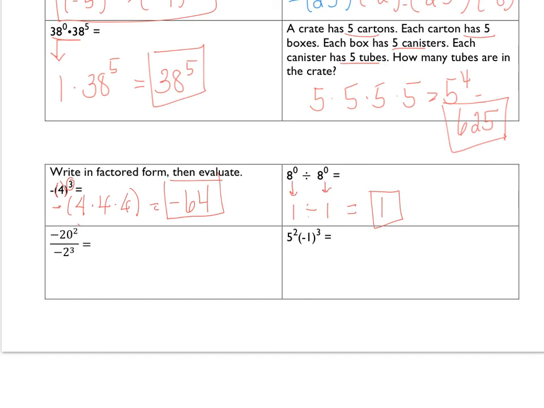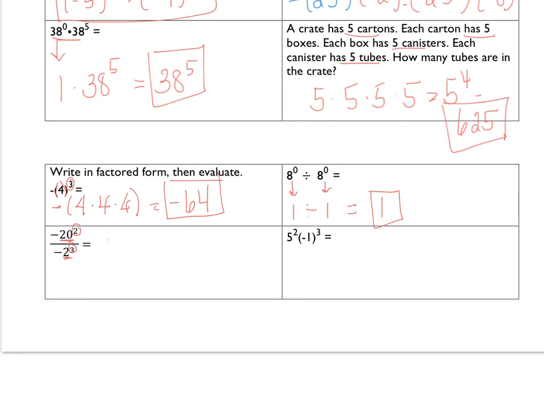The exponent 2 is connected to the 20. It is not connected to the negative. It's only connected to what's right next to it. If it were right next to a parenthesis, it is everything inside the parenthesis. This is connected to a number, so it's only what's right next to it, which is the number, not the negatives.